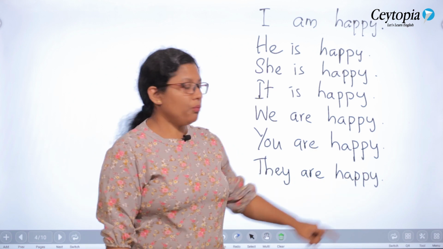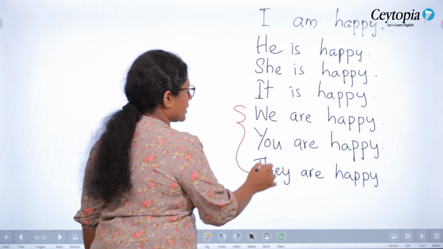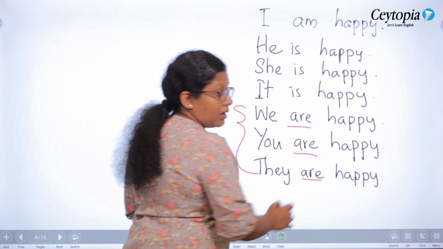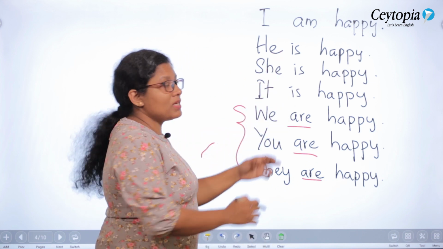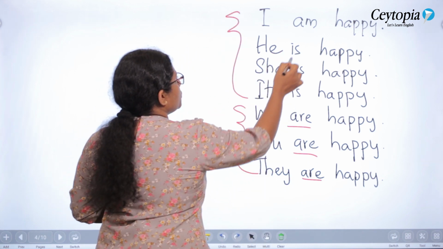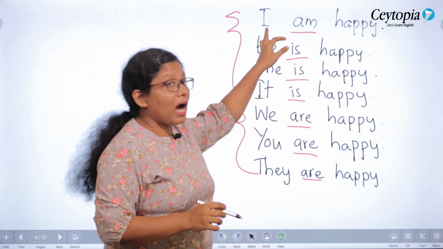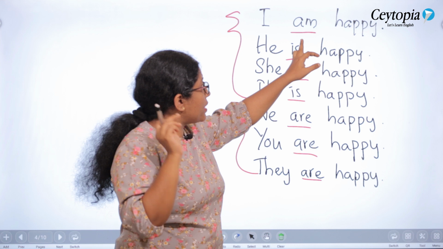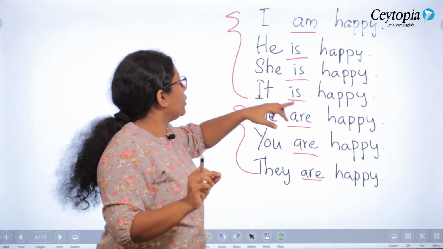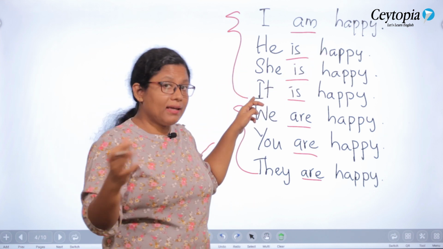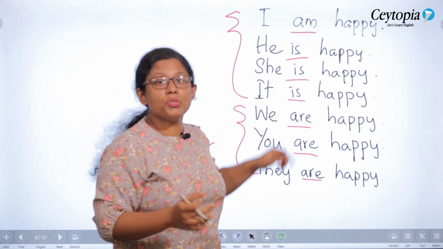They are happy. With all the plural subjects we have used are, and with all the singular subjects we have used singular verbs. And there you see with I we specifically use am. With he, she, it and any other singular noun you use is.